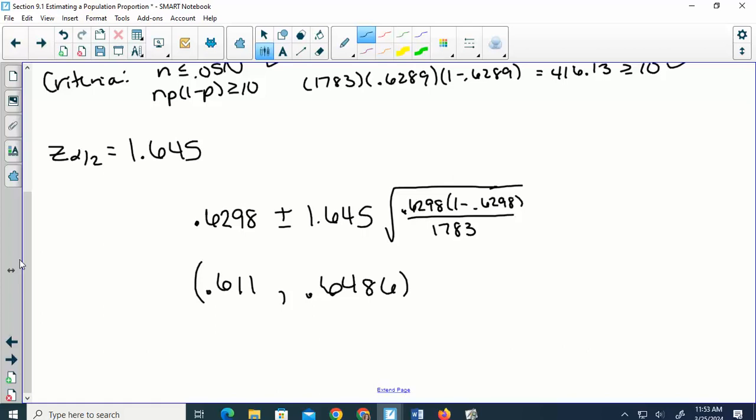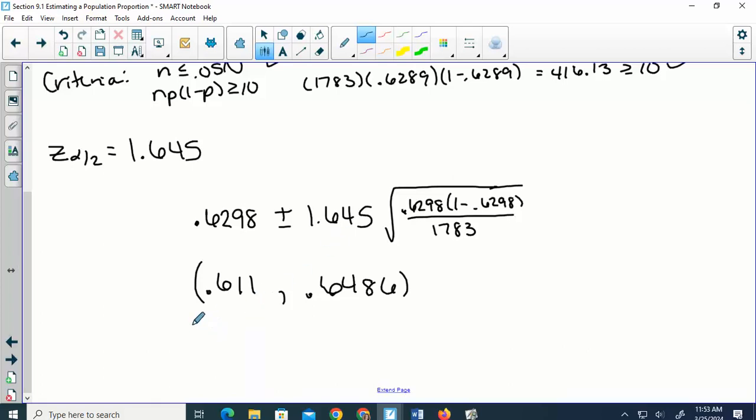Did you guys get a lower limit of 0.611 and an upper limit of 0.6486? So typically, I could say what's the lower and what's the upper. Lower is just your smaller one, upper is the bigger one. More often though, we just write it as an interval at the end, just like this.